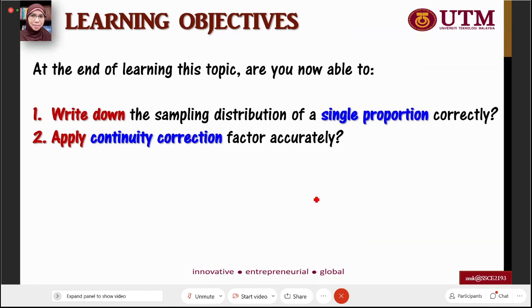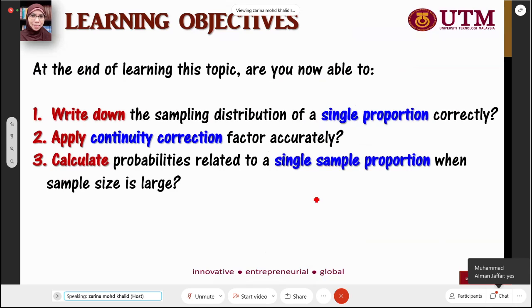Yes or no? At least you get some idea, right? How to deal with that. Very good. And finally, hopefully you should be able to calculate the probabilities correctly for the single sample proportion. So I think that's it for this topic 3.